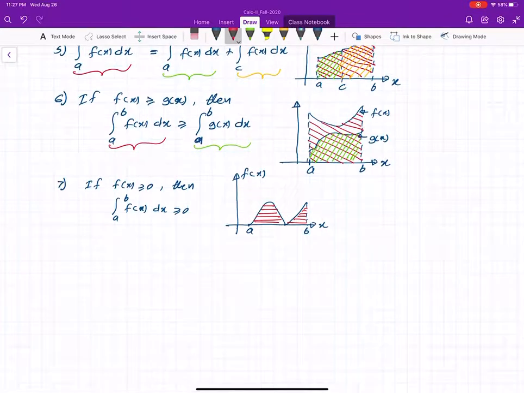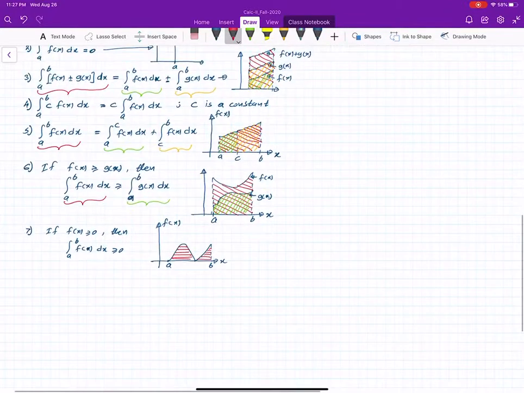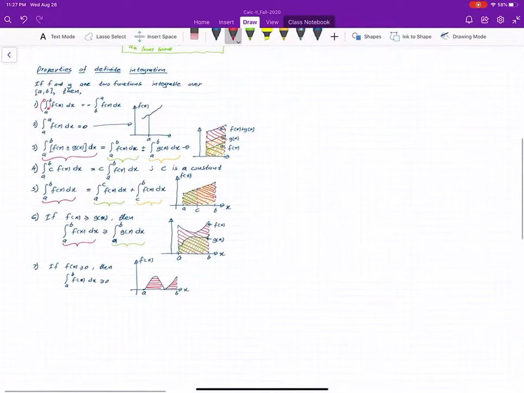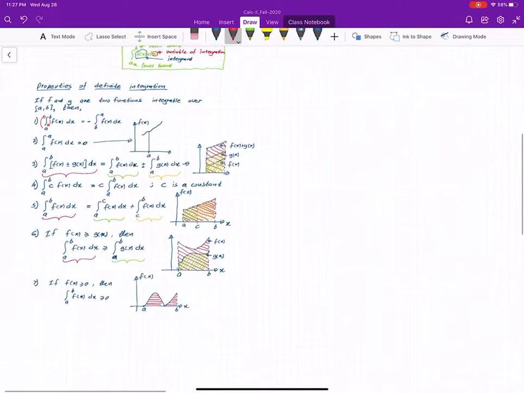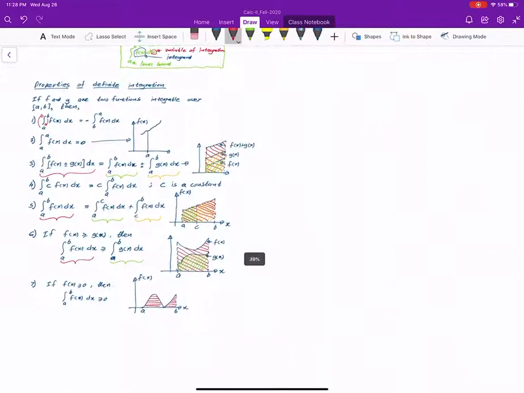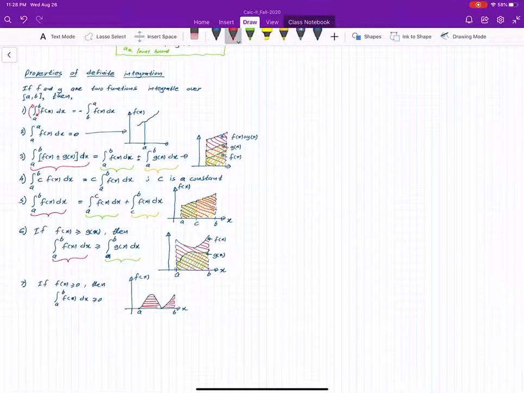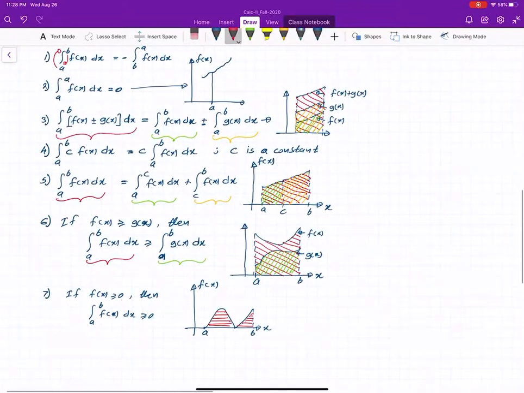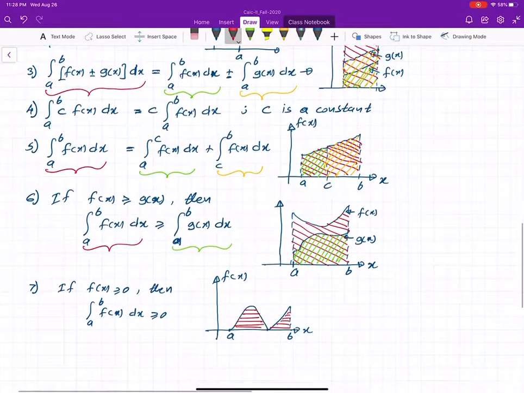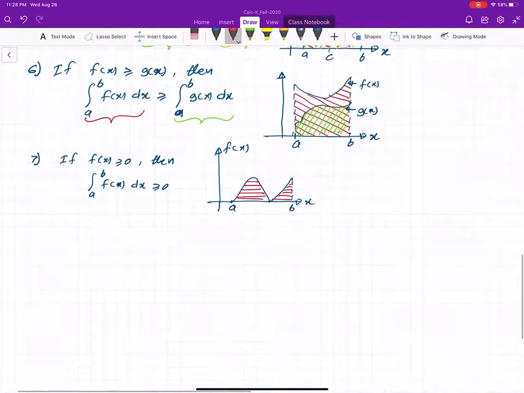And then let's move to examples. So you know all these properties now, which are very important when you solve problems. There are 7 properties. We will explain each property when we do examples. Let's move to the first example. These are very simple examples.